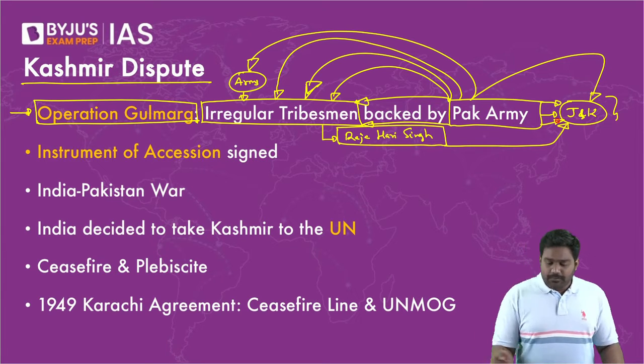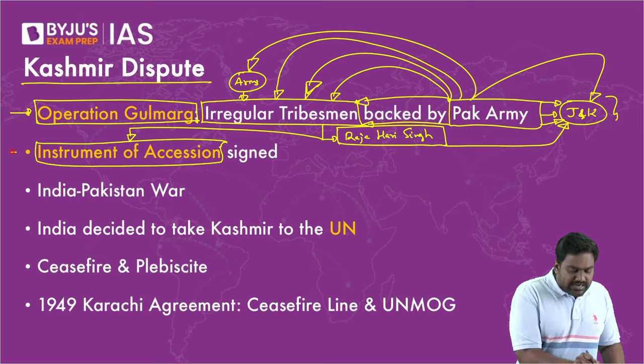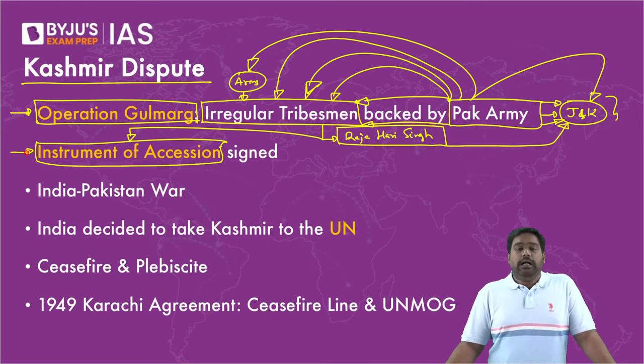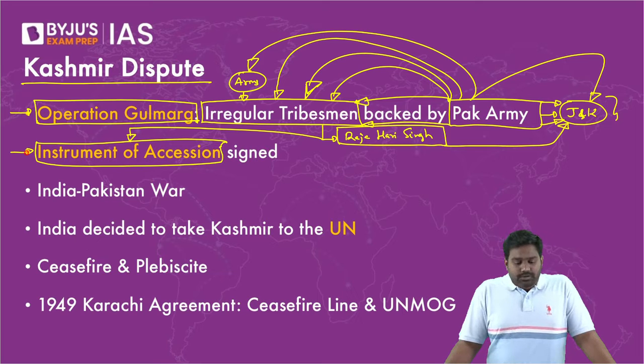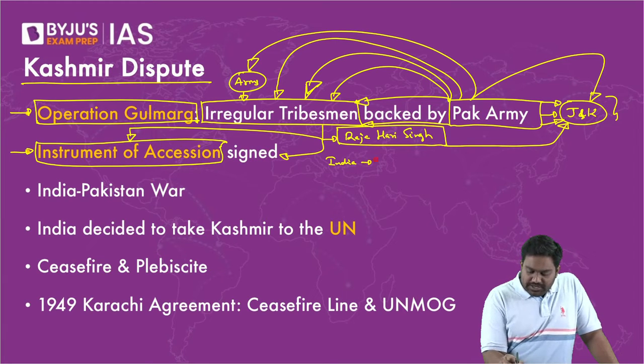At this point, Raja Hari Singh approached India for help. He asked India to assist. He reached out to Nehru, Sardar Patel, and Lord Mountbatten, right, who was still the Governor General. He reached out to them and asked India to provide military assistance. And India agreed to help based on one condition.